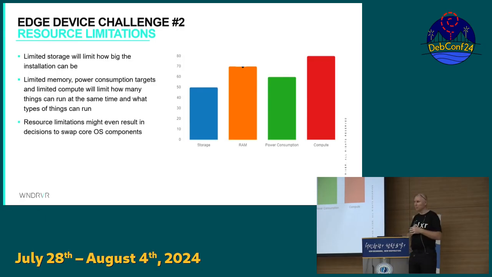Power consumption is one that you don't normally find in servers, maybe in laptops, but in edge devices can be a fairly important piece of the puzzle. This might affect how often you can run a job, for instance. And then the last one being compute. Similar to power, compute will restrict what you can actually run at any particular point in time.